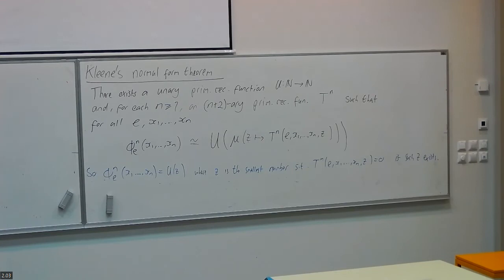So z encodes the whole sequence of configurations of M in the execution, let's just say the configurations in the execution of M on the input binary of x1, comma, all the way through to binary of xn.